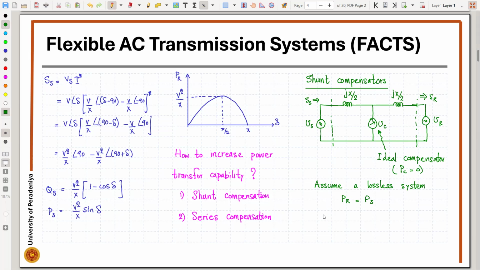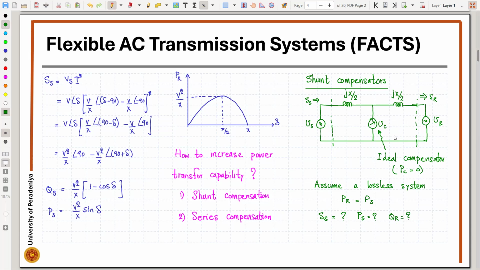So can you find out, when we consider the sending end, what would be the apparent power, the sending end active power, and the sending end reactive power.